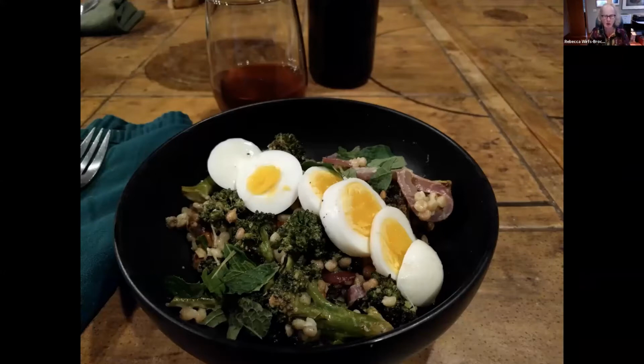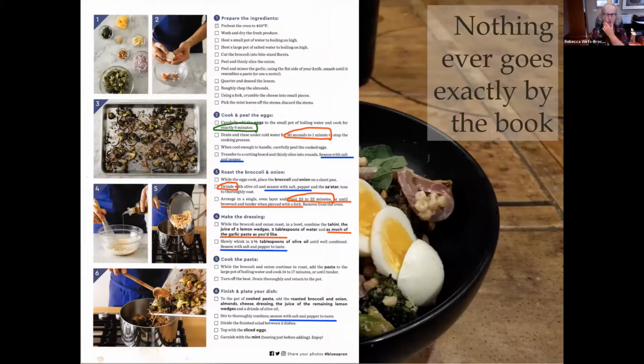But if I had followed all the instructions in the recipe, and I'm not going to go through all of them here, you realize that there are some things that are very precise, like cook for exactly 9 minutes. And some, see, the underlined ones in blue are very important because they said season with salt and pepper. If I had followed their instructions exactly, this would have been inedible.